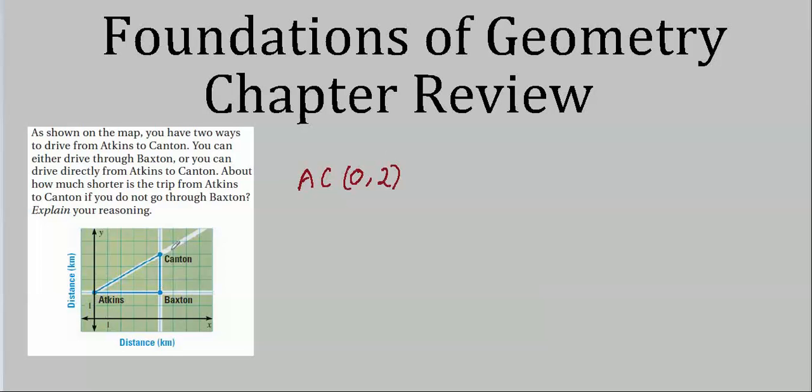Now over here, what is our x-coordinate? 5. Pardon me, that doesn't make any sense. A is (0, 2). C is the point (5, 5).